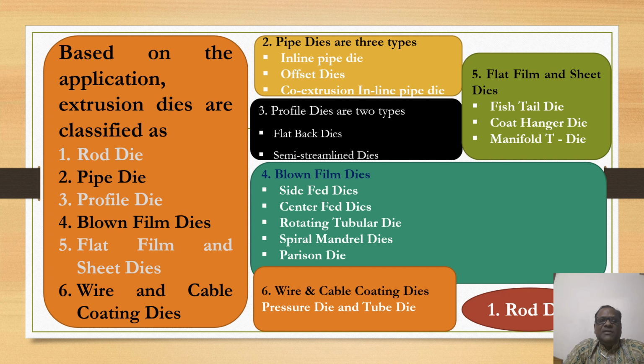Wire and cable coating dies are 2 basic designs: pressure die and tube die. With this, I stop the classification of dies based on practical applications.